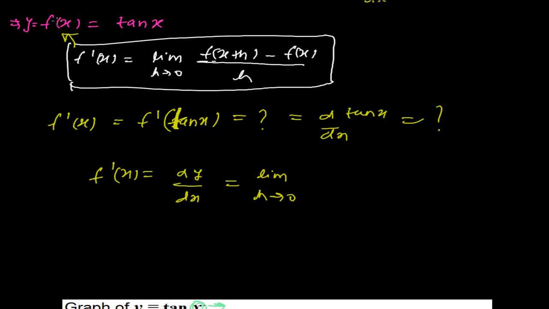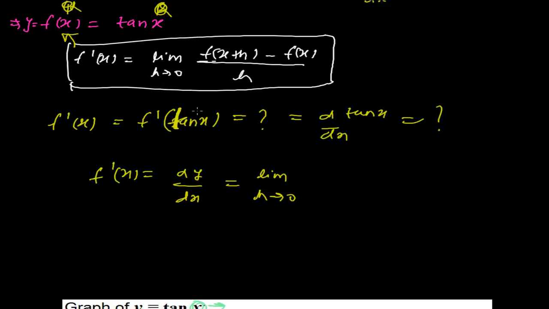If you insert p, you get tan p. If you insert q, you get tan q. If you insert an orange, you get tan orange. If you insert an apple, you get tan apple. Whatever you insert, you'll get it like this.